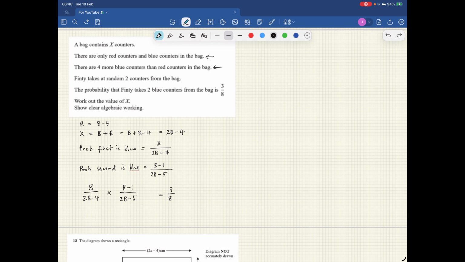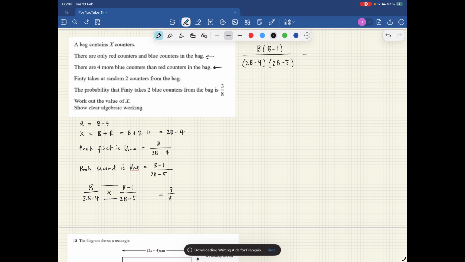Okay, so we just need to multiply those two together and multiply those two together. So we're going to have B minus 1 on the top, and on the bottom we're going to have 2B minus 4 times 2B minus 5, and this whole thing here, let's delete a little bit of that because it's too long.